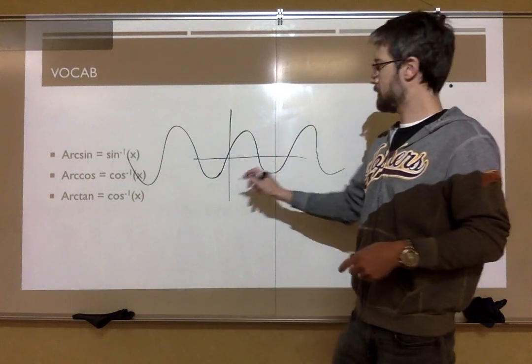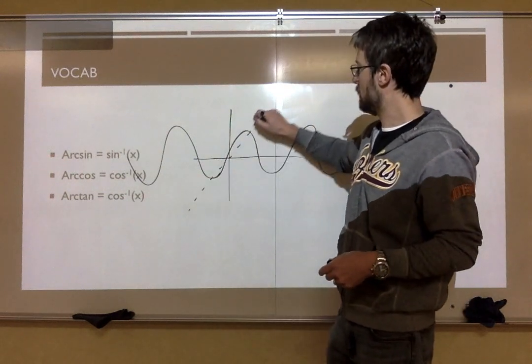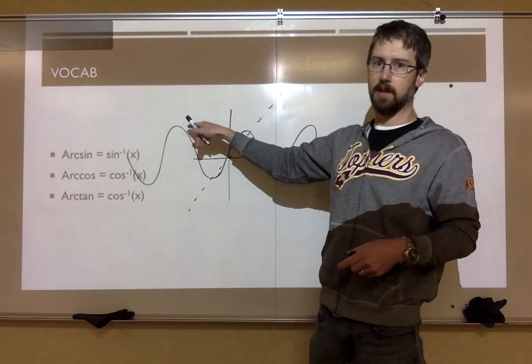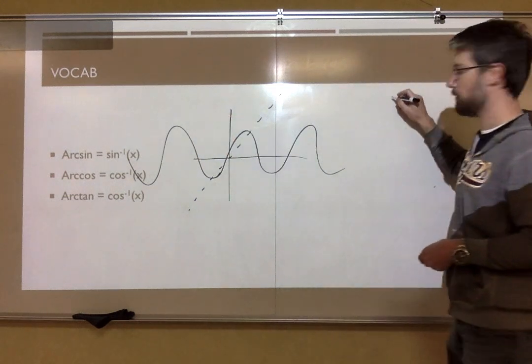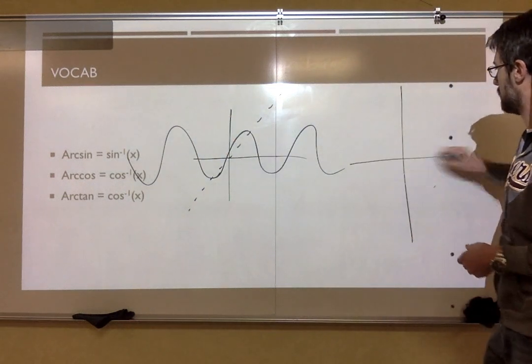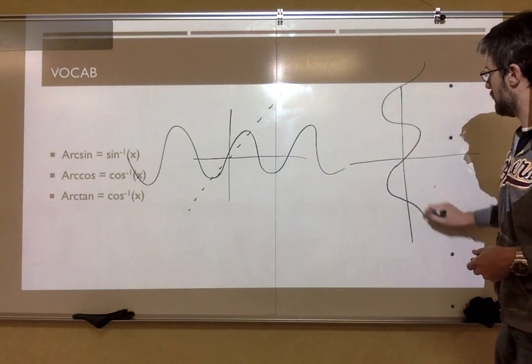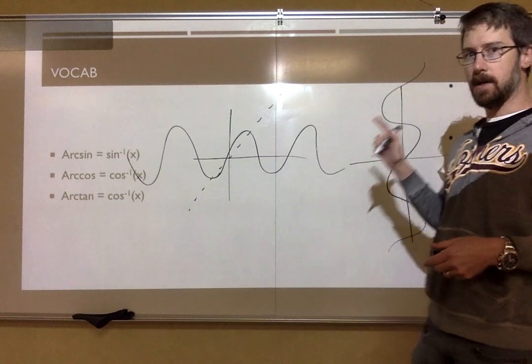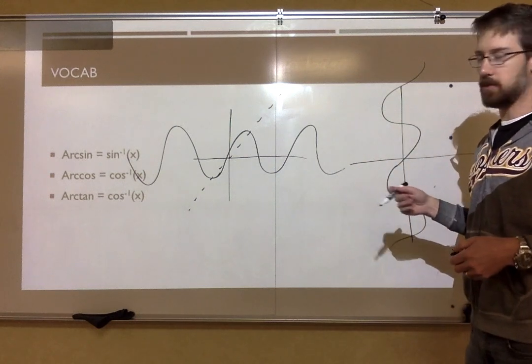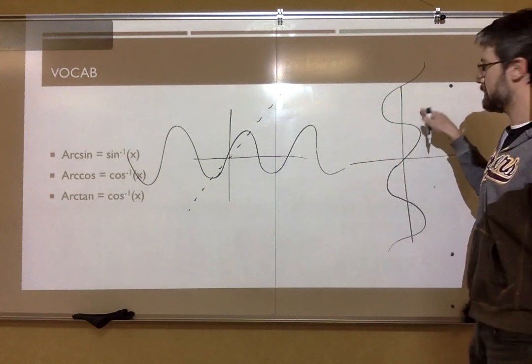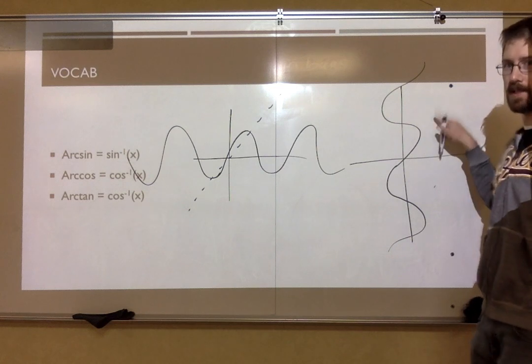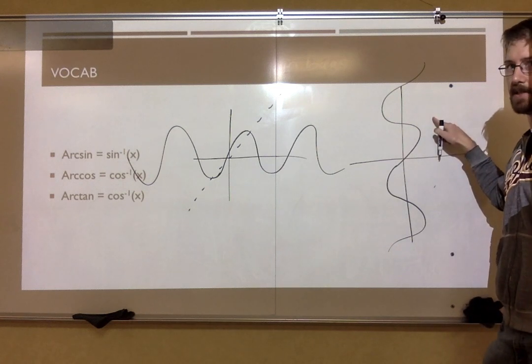Taking an inverse flips it over that diagonal line. What the graph looks like then is this. And what you might be thinking is, if we're talking about functions, that this is not a function because it doesn't pass the vertical line test, and that's true.